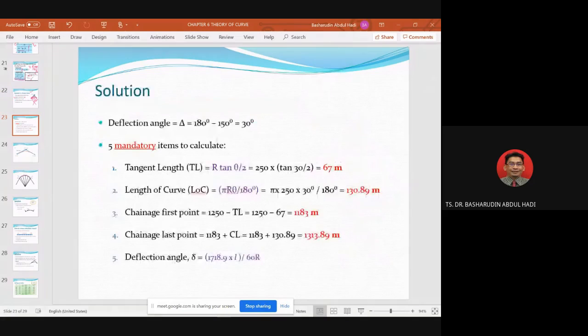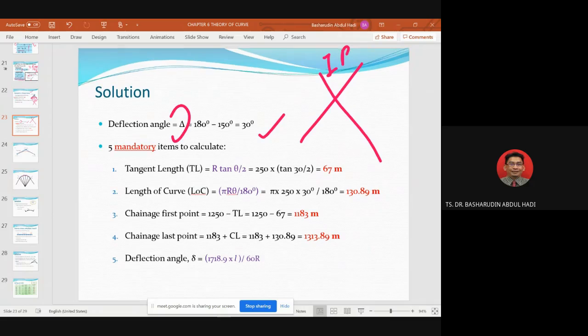Okay, solutions. We want to calculate the deflection angle. I think I already showed you that we get 30 degree. Another way: your straight angle is 180 degree, so you minus 150 degree and get 30 degree. You still remember this is an intersection point.